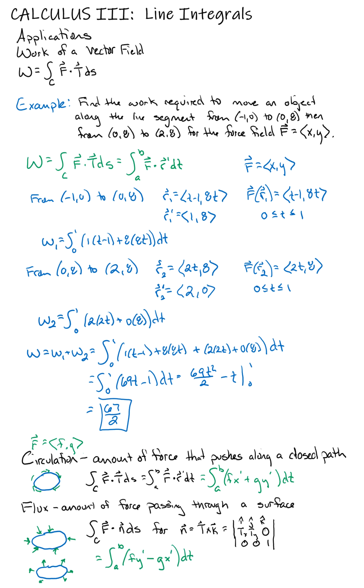If you simply take a look at how the computations work out when finding n and then dotting that with F, it's really fascinating that circulation and flux have very similar but also significantly different regular integrals. Well, there you go. Enjoy.